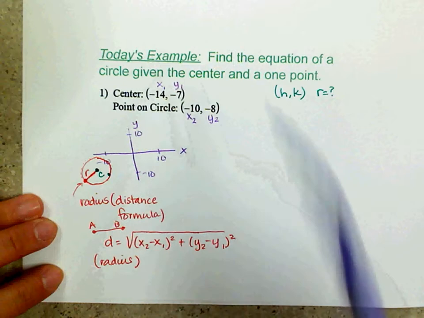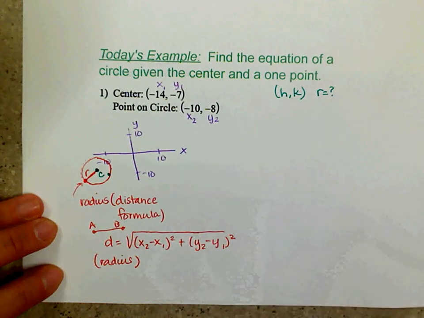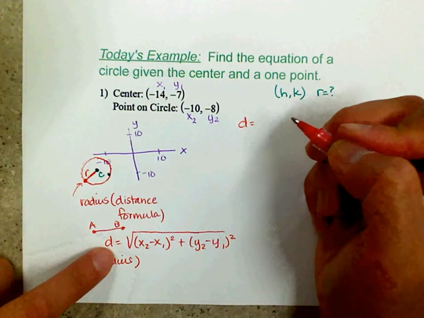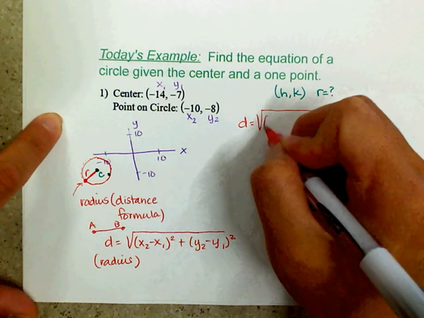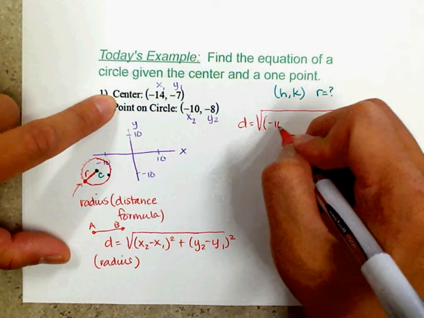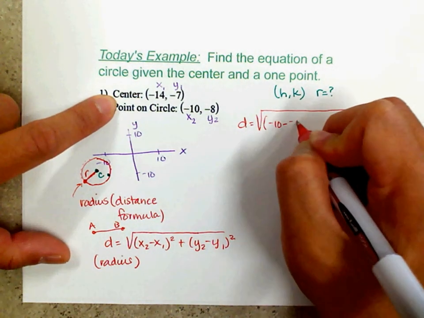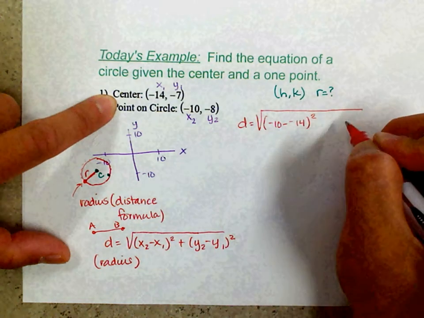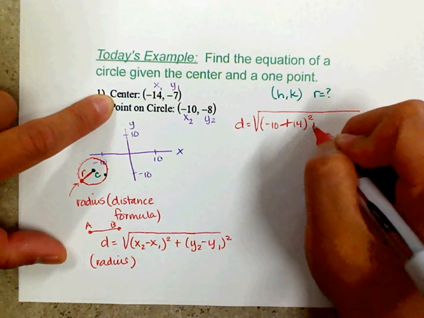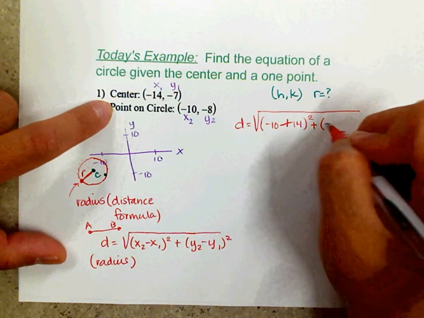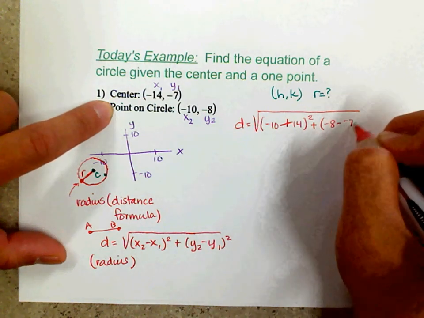So let's go find our distance. I'm going to use red since I'm using the distance formula here. Square root of x2, so negative 10 minus negative 14 square. Okay, and a negative becomes a positive, plus y2 is negative 8 minus negative 7 square. That becomes a plus.